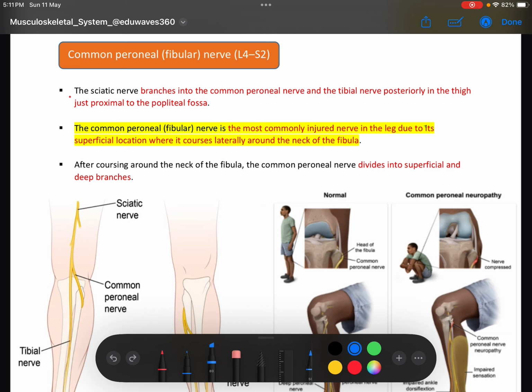First, I gave an introduction to the lumbosacral plexus, and we understood the anterior division and posterior division of the lumbosacral plexus. We discussed the upper plexus, the lumbar portion, and the lower plexus, the sacral portion, from L4 to S3.